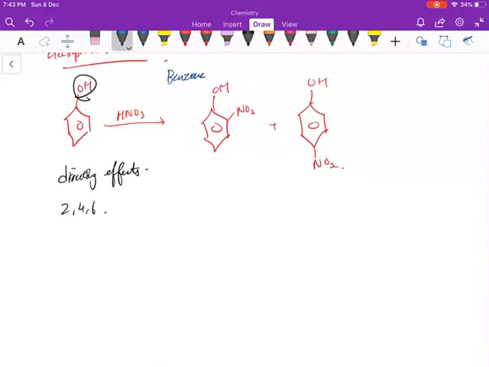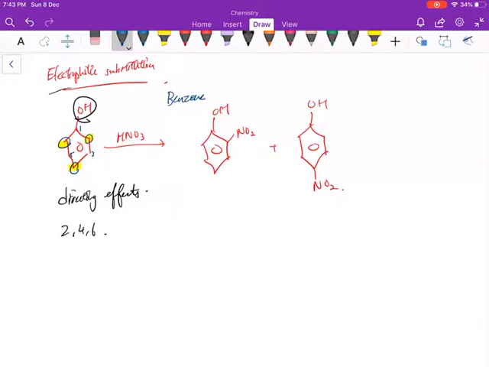So what does that mean? It means that if we call this 1, 2, 3, 4, 5, 6, these are the 3 main places where the substituents are going to go if phenol reacts under electrophilic substitution. Well, this is the first significance of the reactions in phenol.